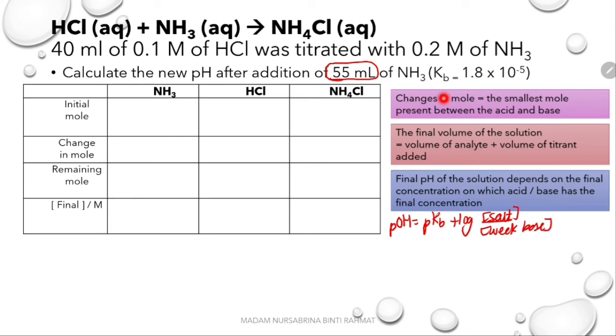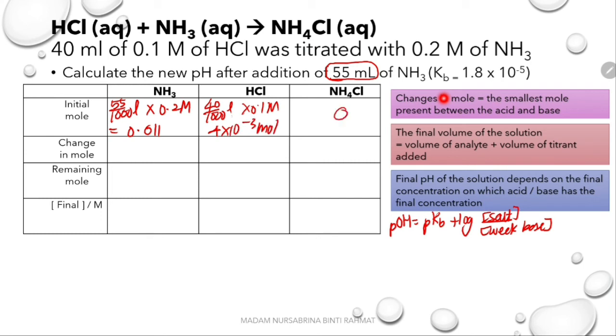Let's first calculate the initial mole of ammonia, HCl and ammonium chloride. For ammonia, we use 55/1000 liter times 0.2 molar. Our hydrochloric acid is 40/1000 liter times 0.1 molar, which is 4 times 10 to the power -3 mole, and ammonium chloride is going to be produced, so initial is 0.